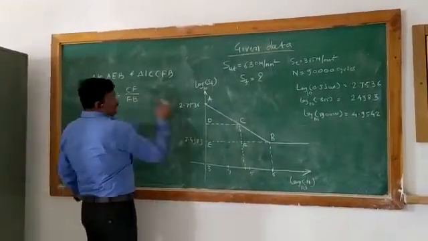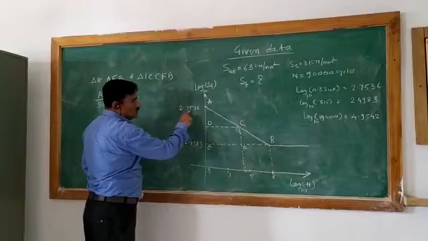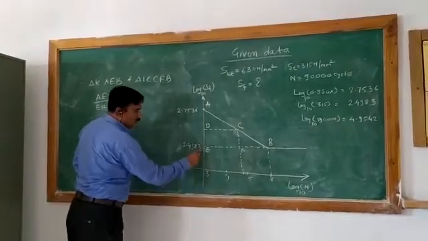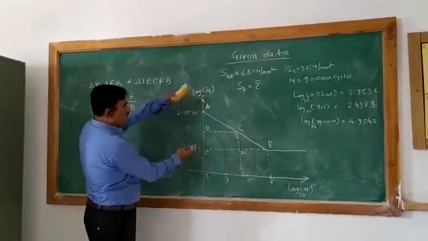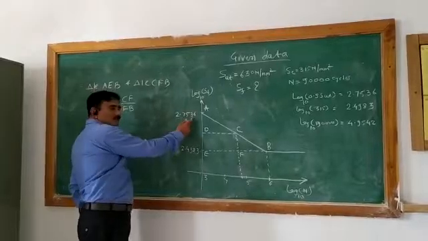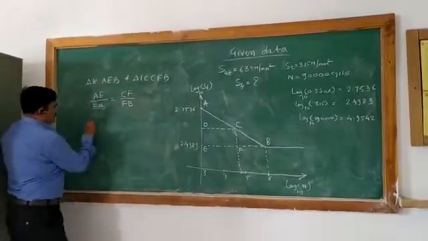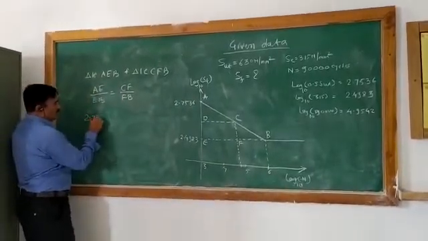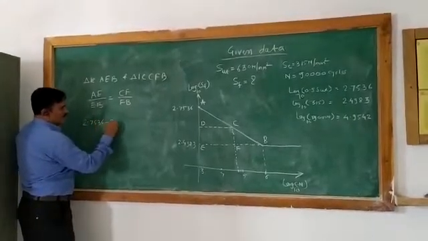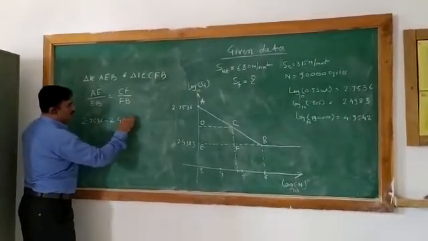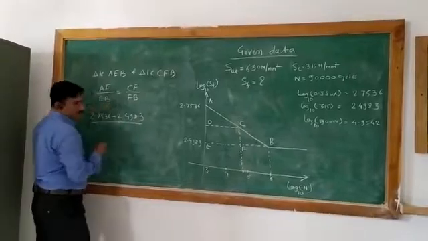Now I will have to calculate the value of AE. Total is 2.7536 and this one is 2.4983, so I deduct: 2.7536 minus 2.4983, divided by EB.